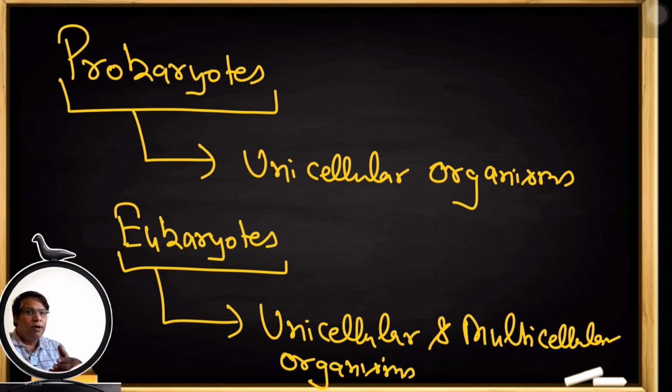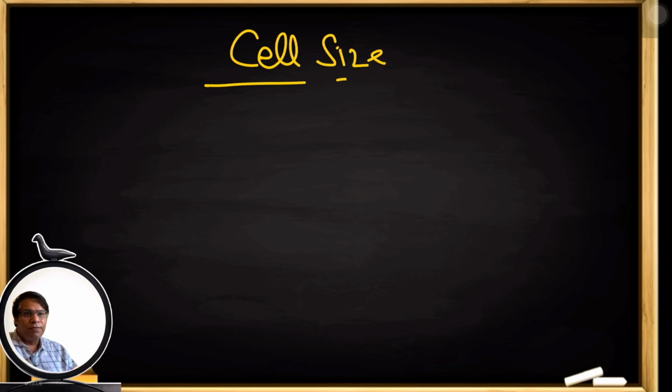If you remember, bacteria and archaea are the examples of unicellular organisms. So here keep in mind, the bacteria are always unicellular. Prokaryotes are always unicellular. They are made up of just one cell.